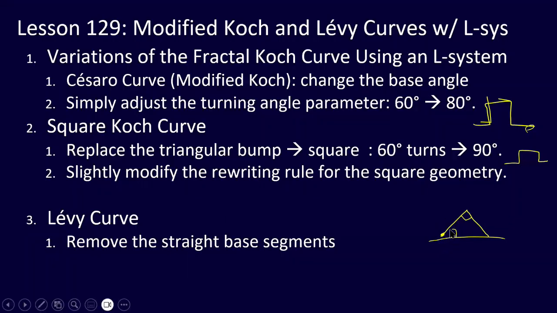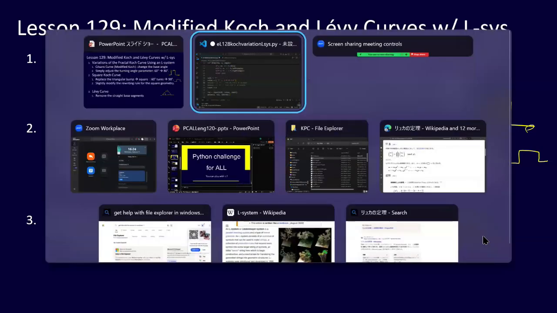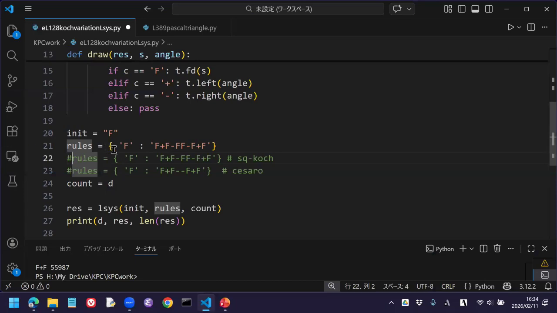Plus 45, F, minus 45, and F. And lastly, plus. So this will be F here, plus F, minus minus, F, and plus. And that's all. Yeah, this is Lévy.